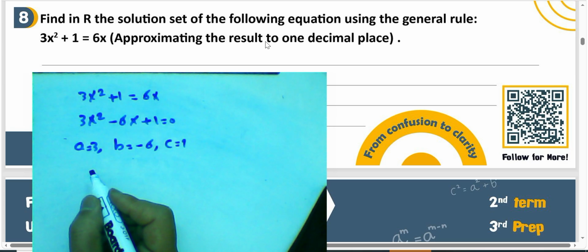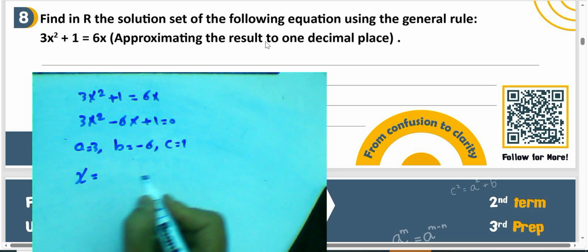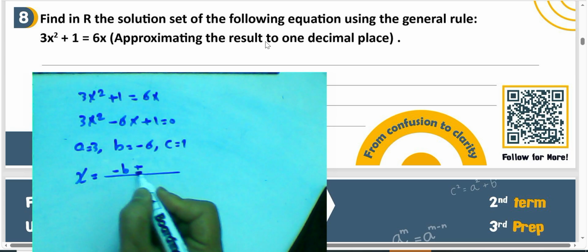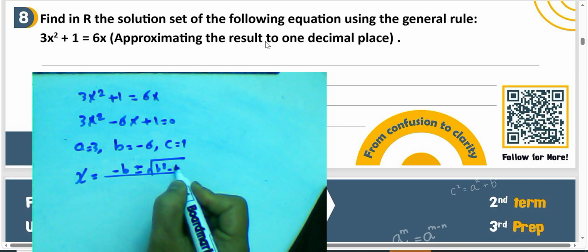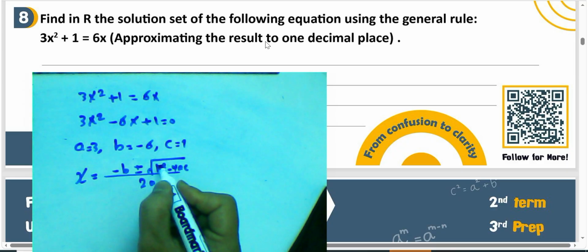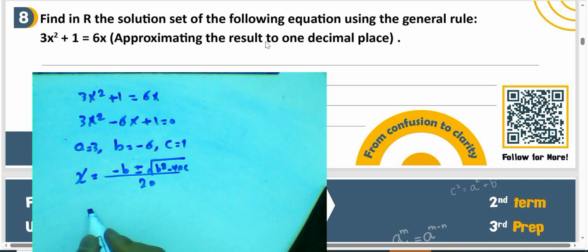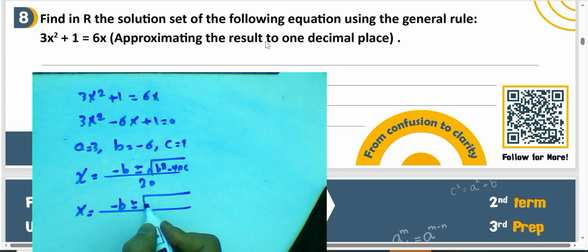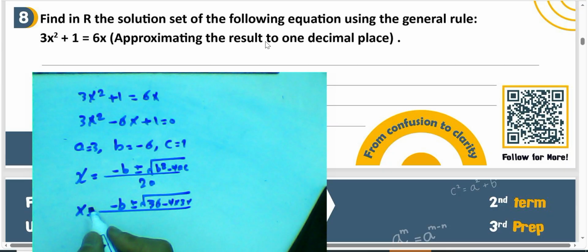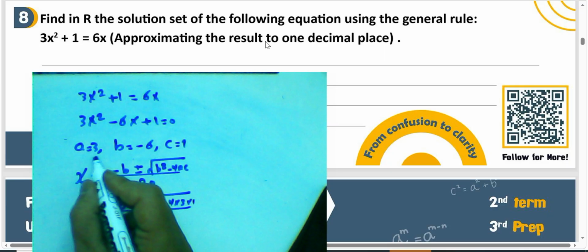The general rule here: x equals -b positive or negative square root of b power 2 minus 4ac, over 2a. And the value of x will be equal to negative b positive or negative square root of (-6) power 2, 36, subtract 4 times a times c, over 2 times a, 2 times 3 equals 6.